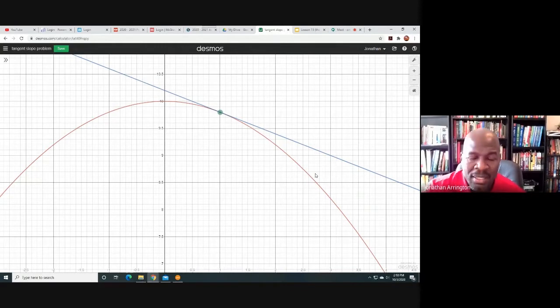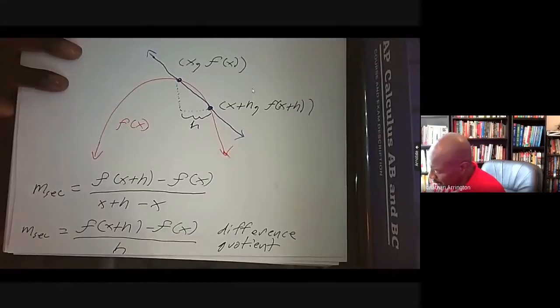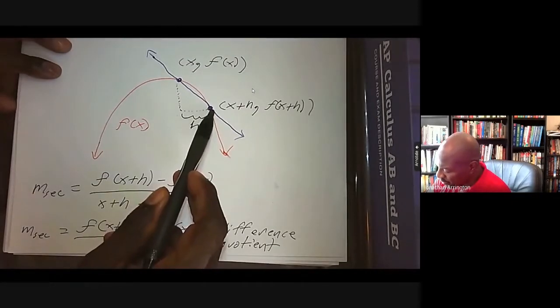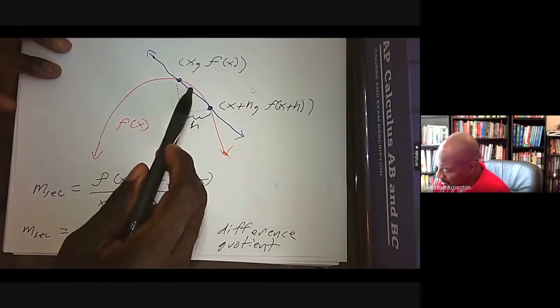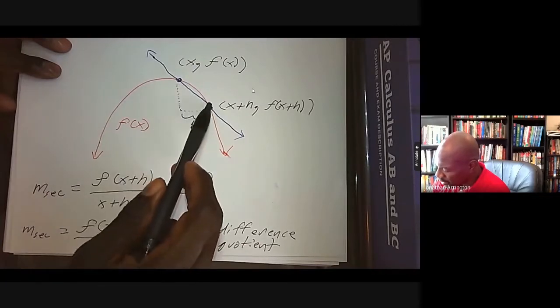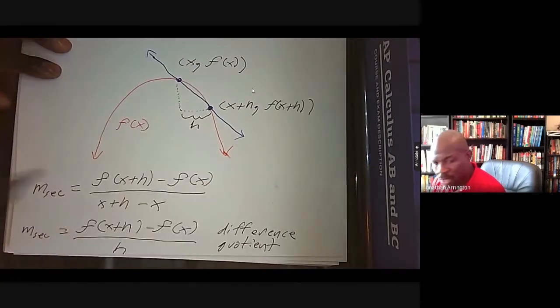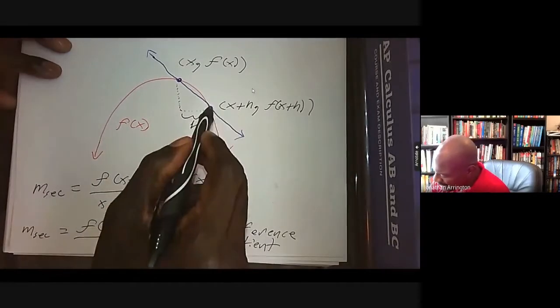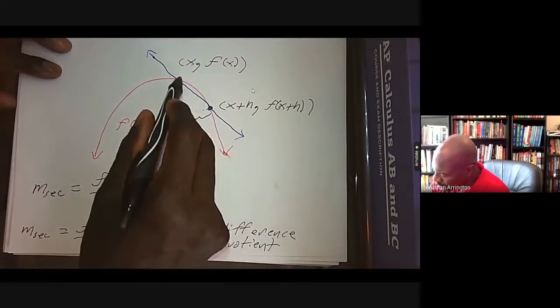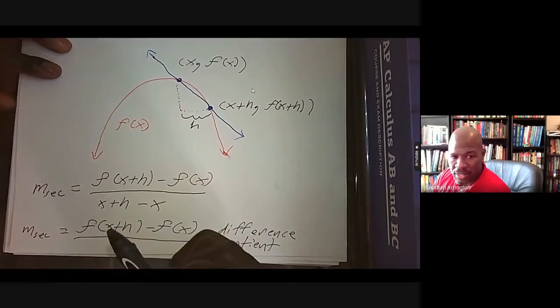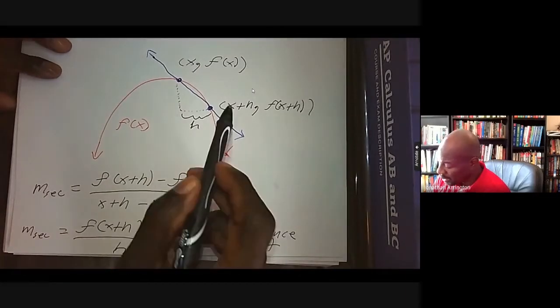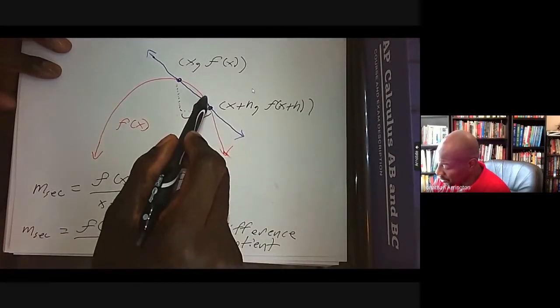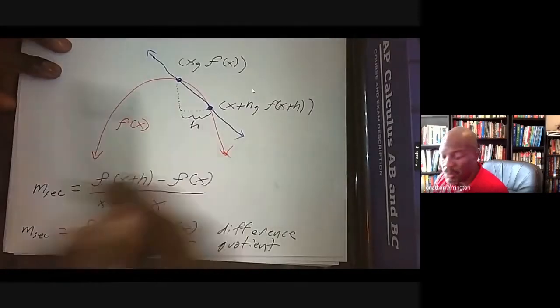So let's look back again at our difference quotient. For this to change from the slope of the secant line to the slope of the tangent line, I need this point, as I just illustrated, to get closer and closer to this point, to really be right on top of this point. Now, think about this. As this point gets closer to this point, what happens to the value of h?